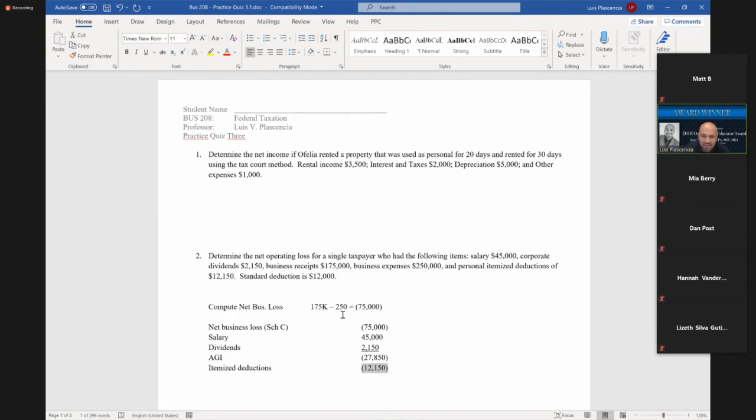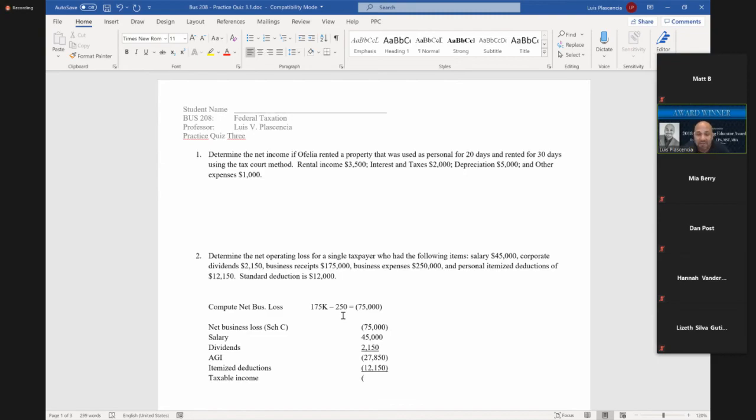Now, one thing we started talking about is the deduction on qualified business income. Do we deduct it here? Why or why not? Anybody can jump in if you want to comment on that. How come I'm not including it here? Because it's a loss, right?